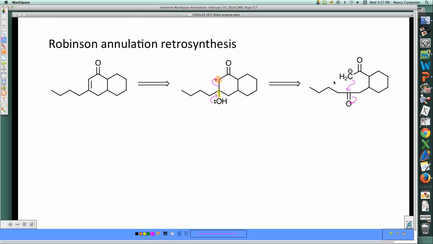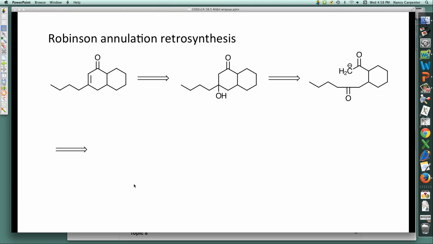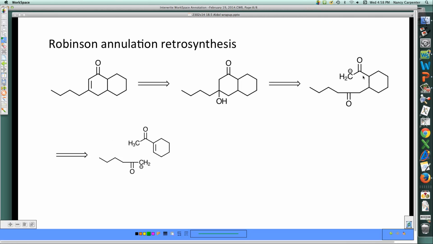Okay, so how do I make this? Right here, let's kind of spell things out. This was just the dehydration. This was the aldol step. So we need to keep going backwards to the Michael reaction. Looking at this over here, we see the 1, 2, 3, 4, 5 relationship between the two carbonyls. That is telling us this is a Michael reaction.